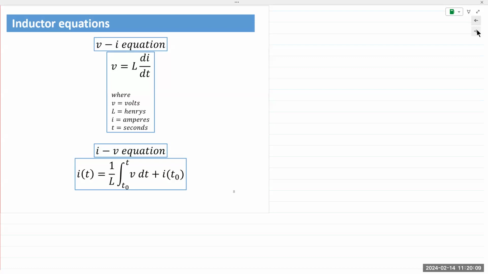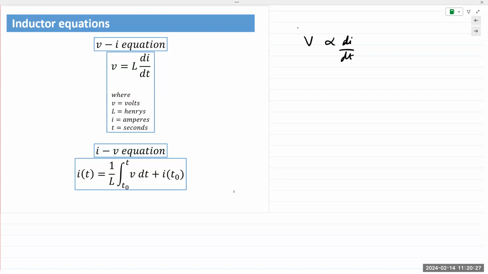So it's directly proportional to the rate of change of current, di over dt. Voltage across an inductor is directly proportional to the rate of change of current, di over dt.